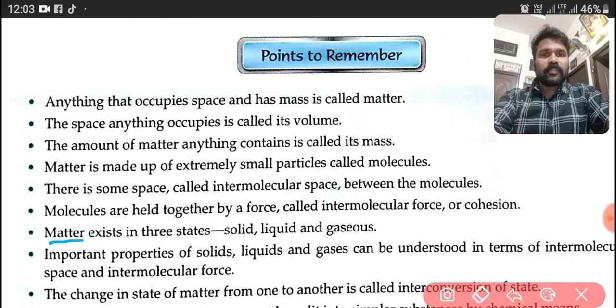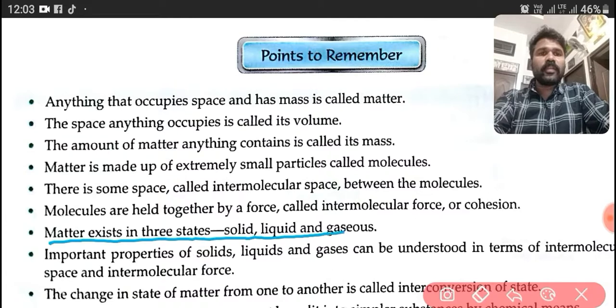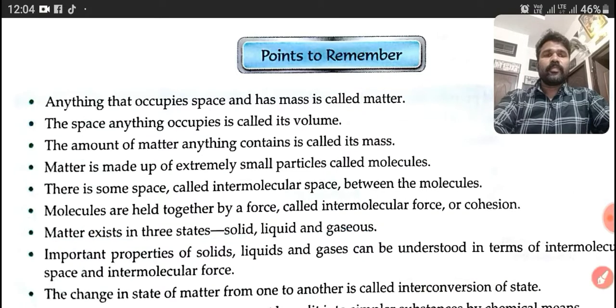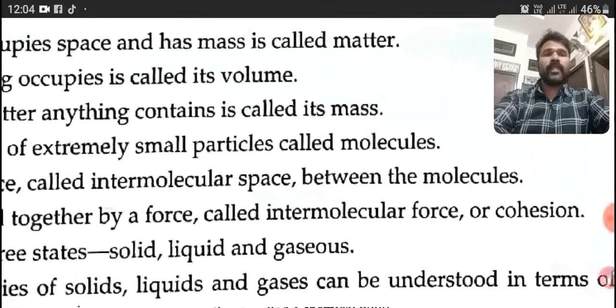Matter exists in 3 states: solid, liquid and gaseous. Here we have to write one example each also. Please write.